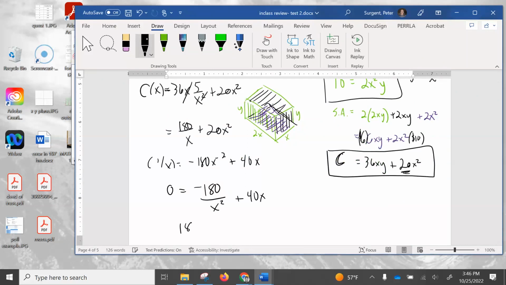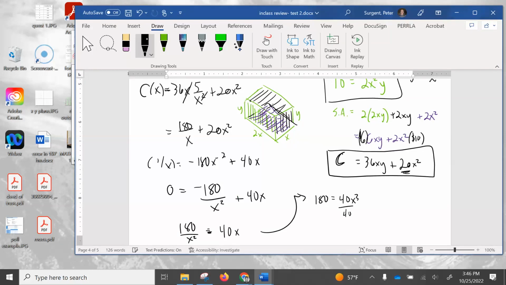I'm going to add it over. You can do this however you prefer. There's a couple ways to do the algebra, of course. But ultimately, I got 180 over x squared equals 40x. And I'll just multiply both sides by x squared, which gives me 180 equal to 40x cubed, right?